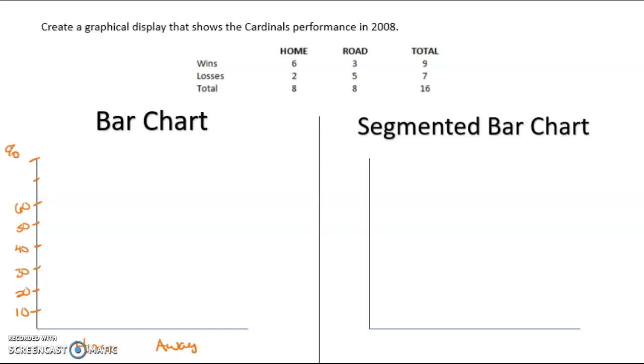The percent for home was what, 75%? I'm sorry, I might have to go back and look. 75. So let me go ahead and fill in the rest of this. 75% is going to be up here. Bring the bar down here. So right at 75% for home, which is pretty good.